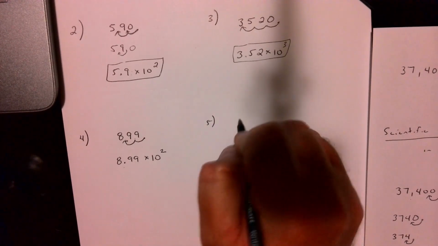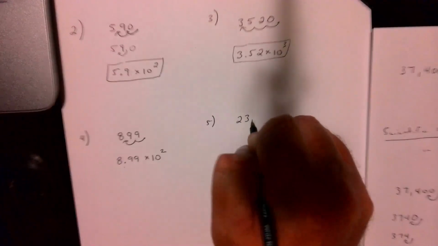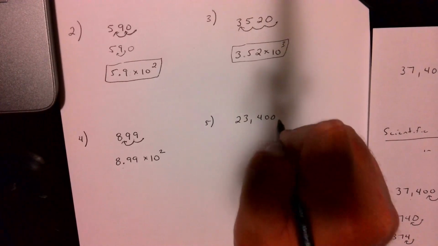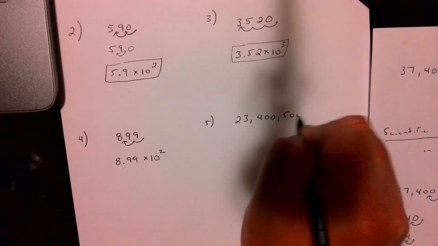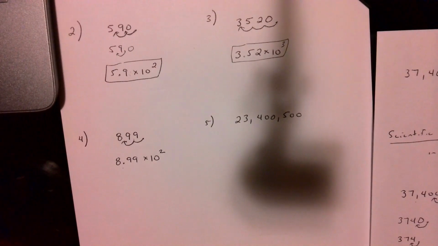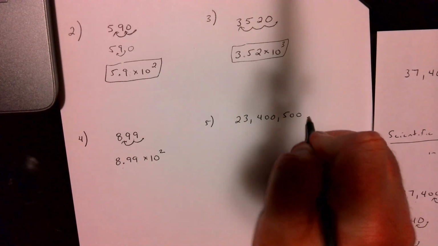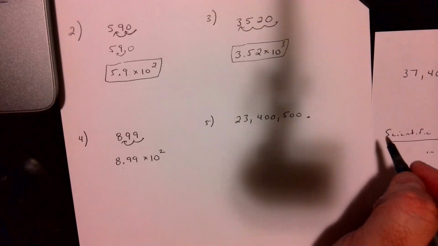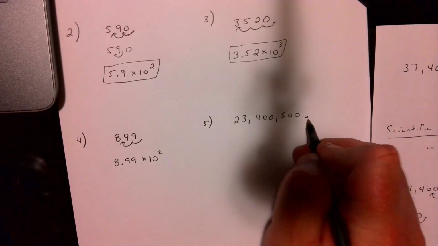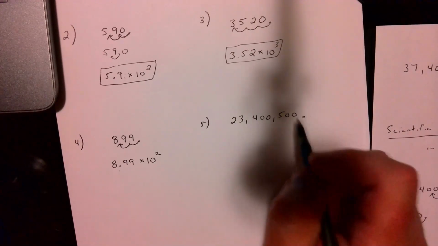Do a giant one. Let's go 2, 3, comma, 4, 0, 0, comma, 5, 0, 0. 23,400,500. Let's write that number into scientific notation. So the decimal is clear at the end. And we need to move that decimal clear over to get this number smaller than 10, right?